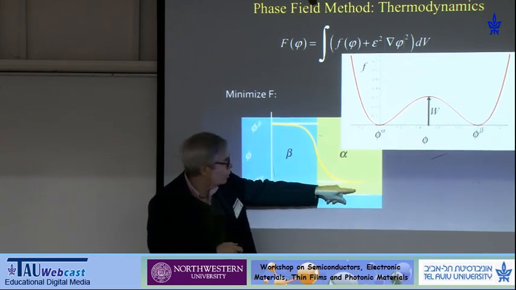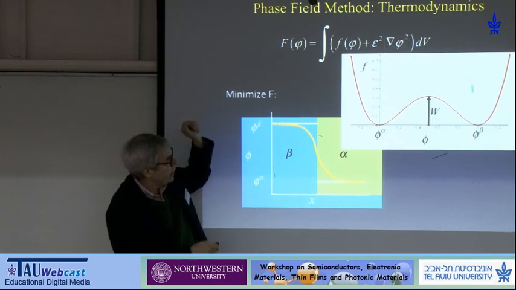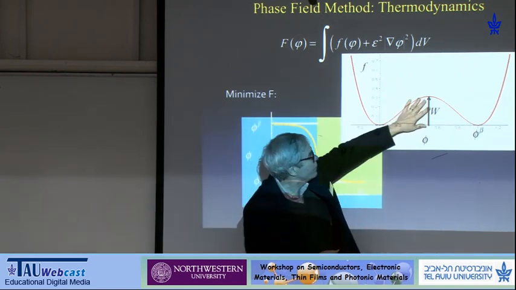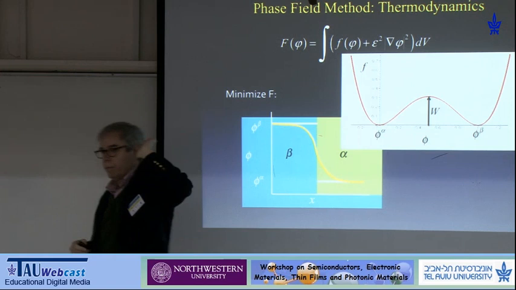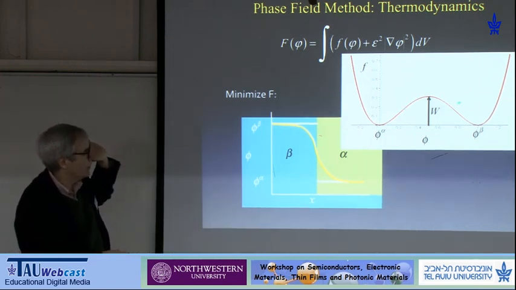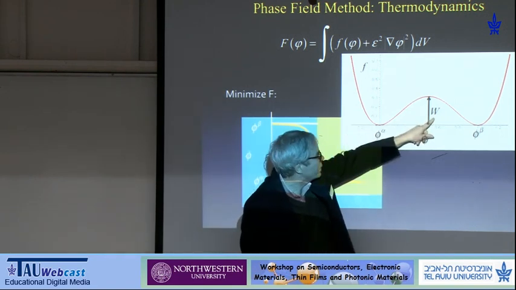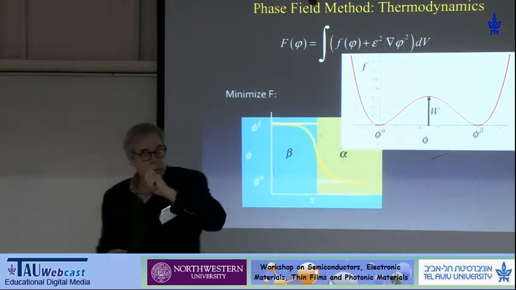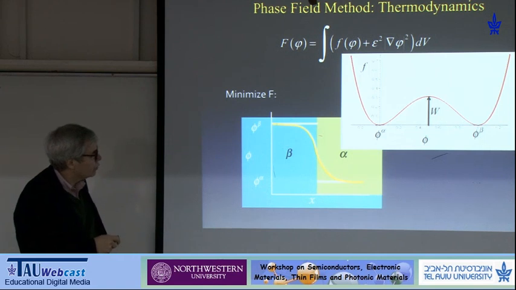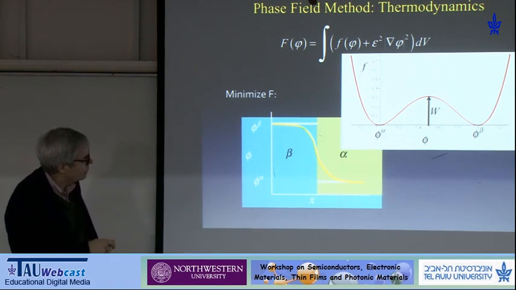Okay? And so it traverses this unstable region of the phase diagram in between the two spinodals, which are here and here. As you go from one to another, you go up and over, and that W becomes important, and that's why I put it here, because this W is related to the properties of the interface as it goes through here.